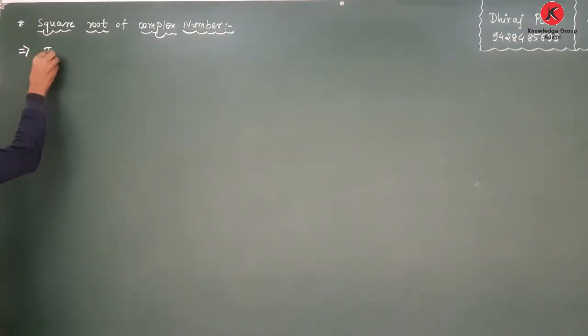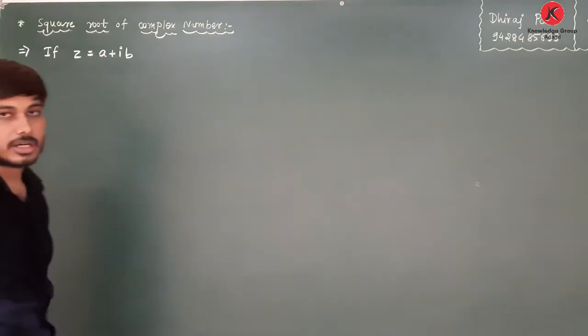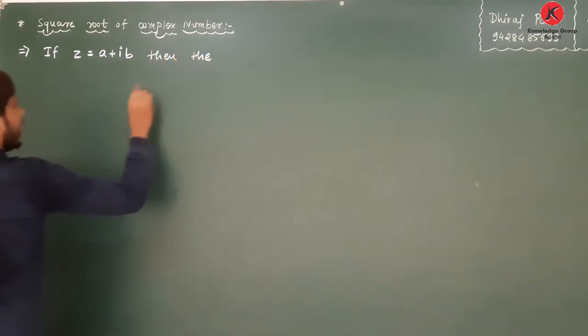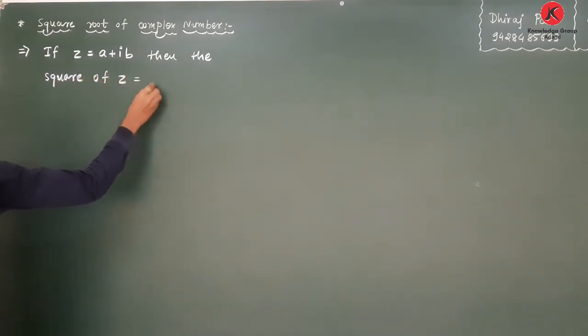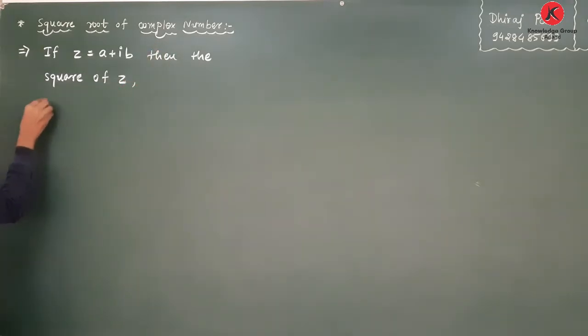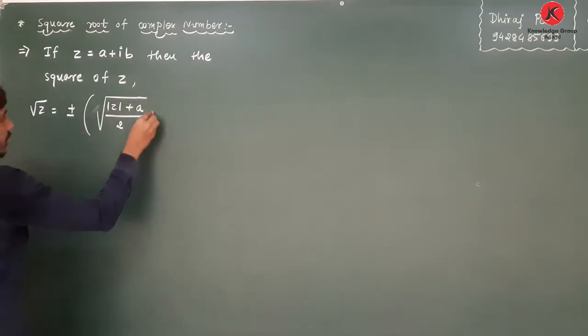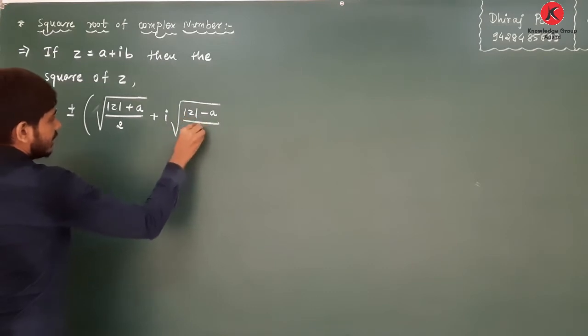If the complex number z equals a plus ib, then the square root of z is given by under root of z equals plus or minus under root of modulus of z plus a divided by 2, plus i into under root of modulus of z minus a divided by 2.